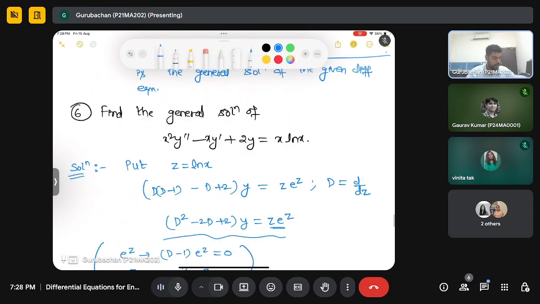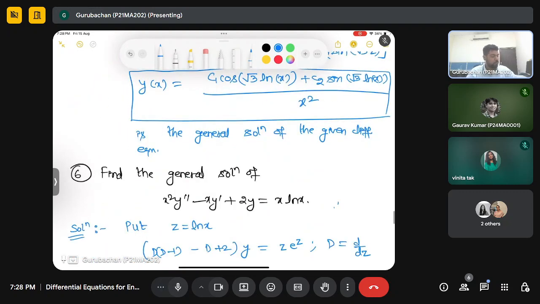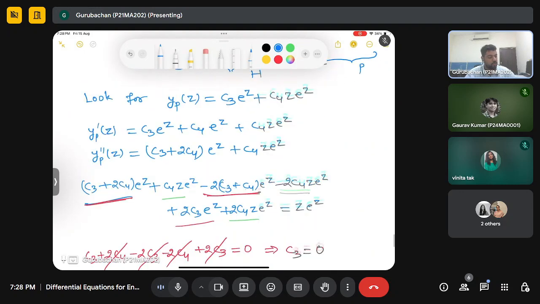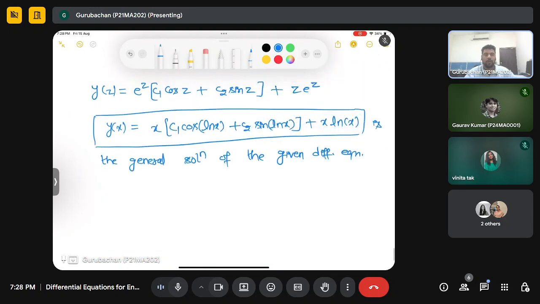Here again I am saying, since here domain is strictly positive, that's why I have not written ln mod x. So now you have also solved Cauchy-Euler equation with non-homogeneous part.